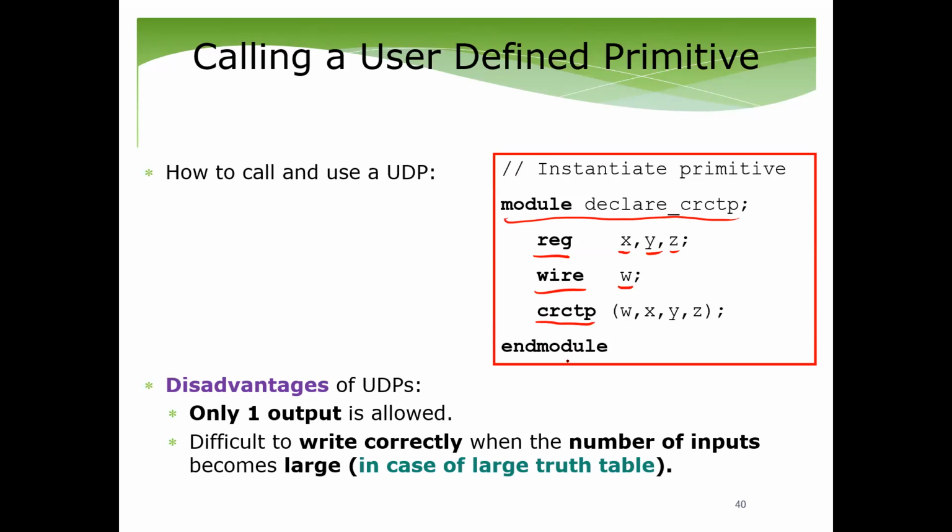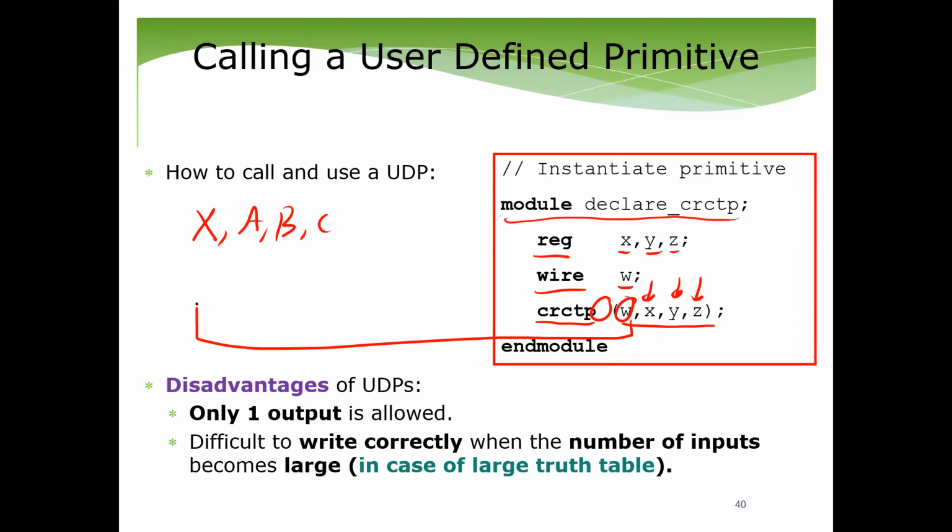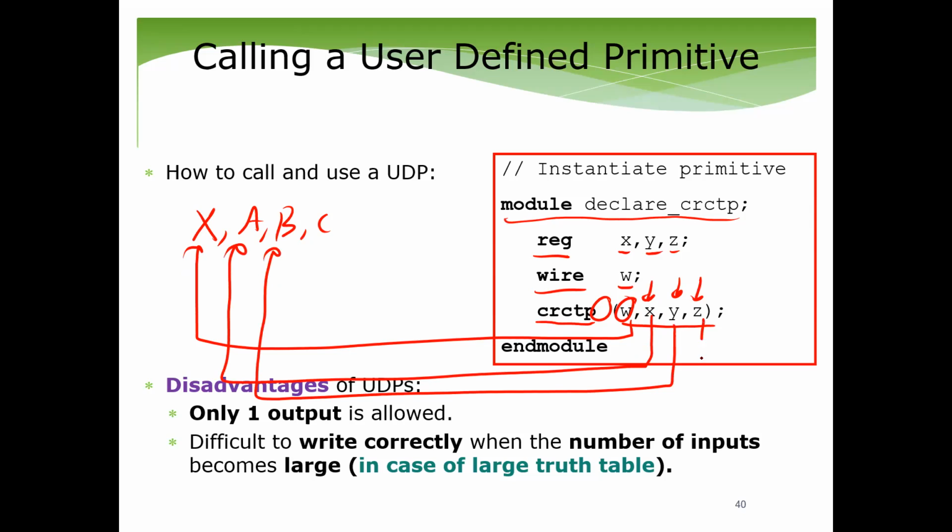It should be the primitive name plus instance name, and then you list your output first, then inputs in order. So in our circuit we had output X and the inputs are A, B, C. Therefore the output W will be connected to X. The input X will be A, input Y will be B, and input Z will be C.